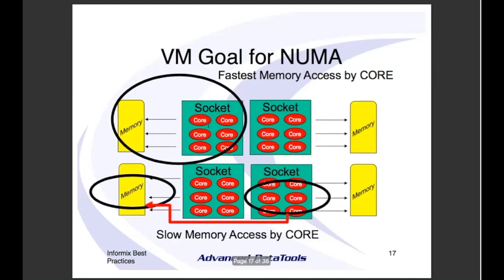Here's an example of it, this big circle here on the left. What you don't want is down here in the bottom right. If it has to go over here to get memory, that's a bit further away. And having NUMA set right so that your applications run on the cores that are closest to the memory they're using is kind of important. ESX does it by default now very well.